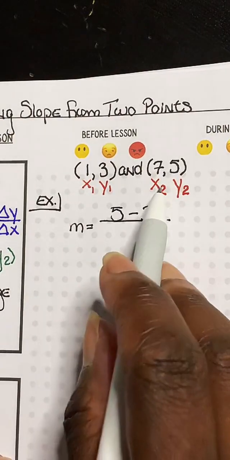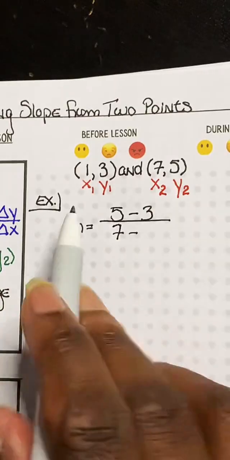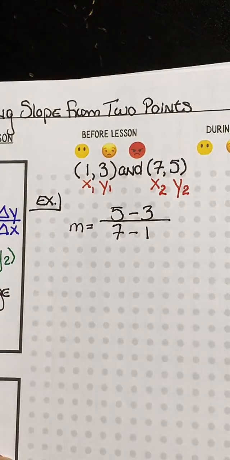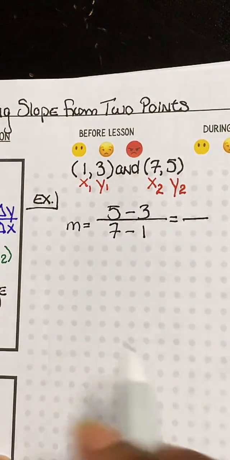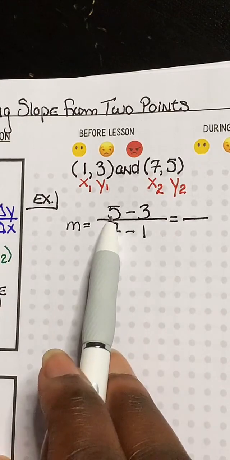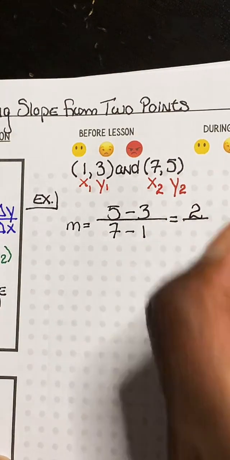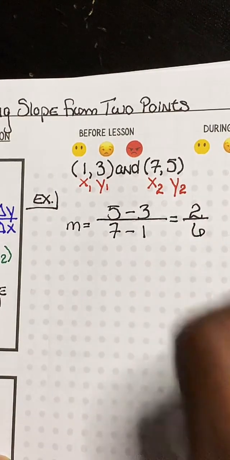Then we have our x sub 2, which is 7, minus my x sub 1, which is 1. So now all we have to do is go ahead with our subtraction. So 5 minus 3, that gives me 2. 7 minus 1, that gives me 6.